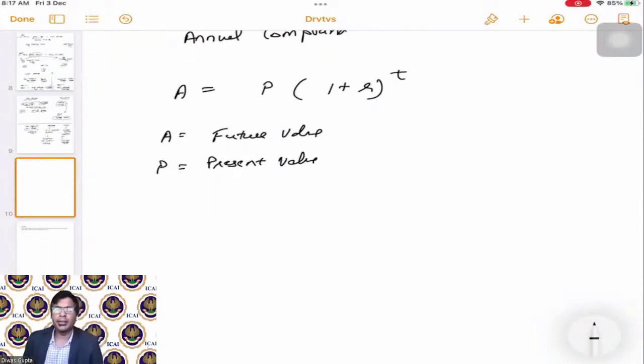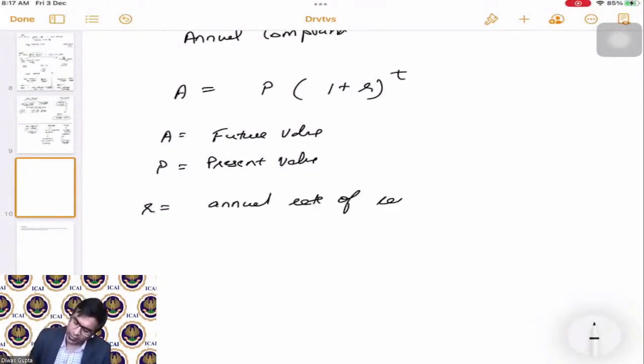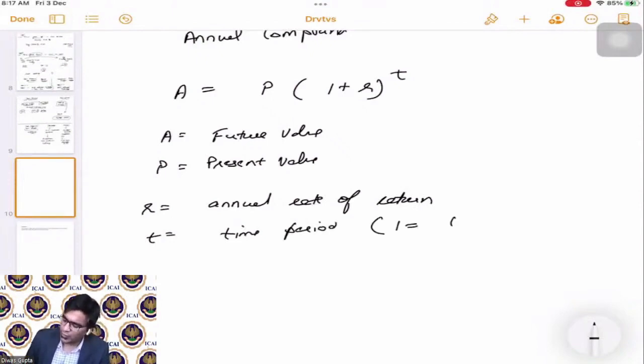It's a very simple formula, and R is the annual rate of return. T is the time period, which is expressed as 1 equal to 1 year.